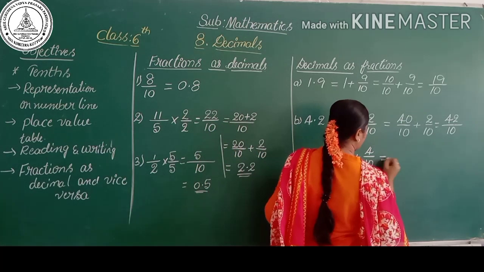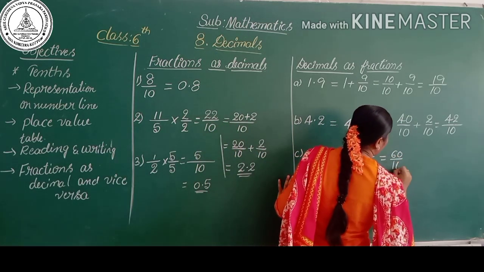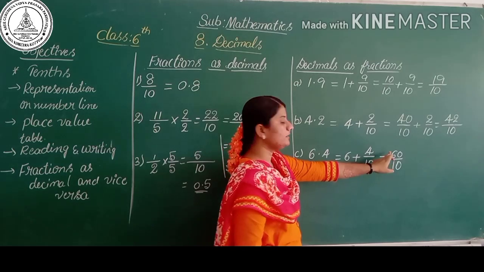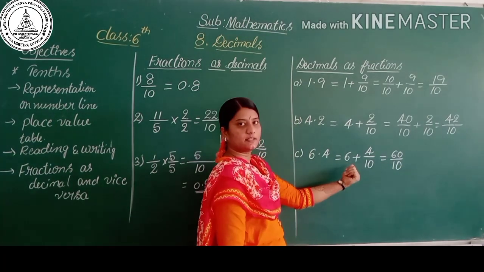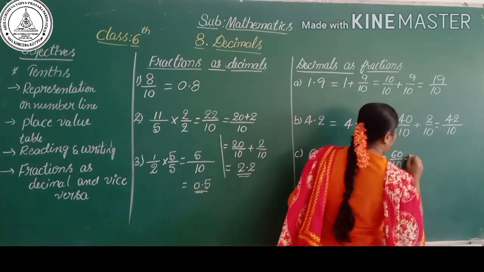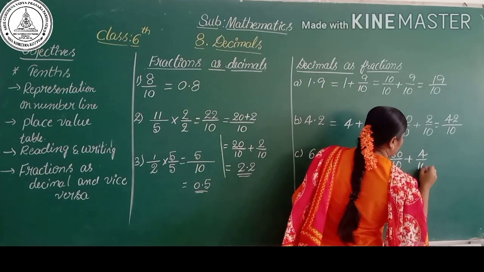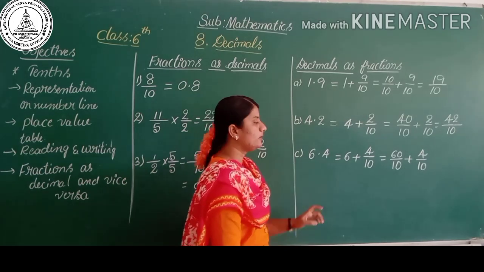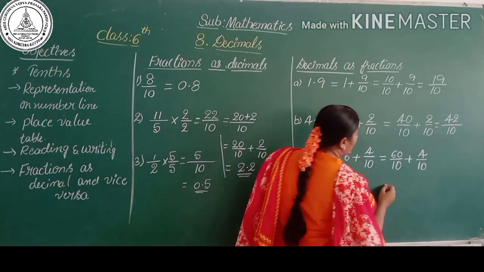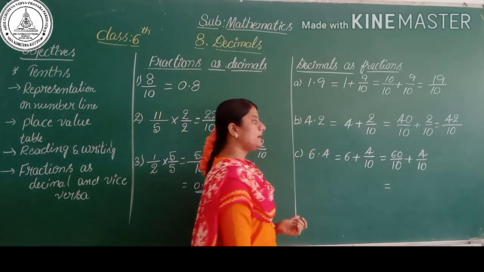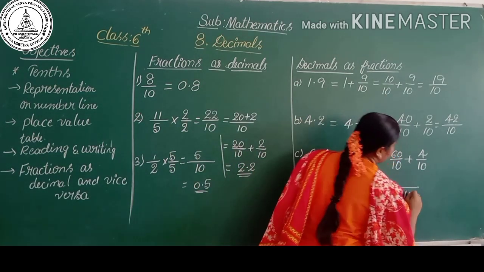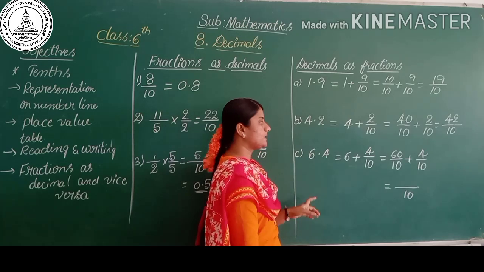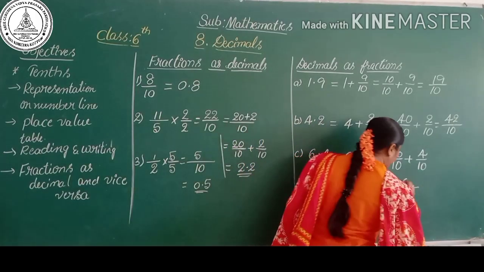If we simplify 60 and 10, we will get the answer 6. Then plus 4 by 10. Now it is easy to add the like fractions 60 by 10 plus 4 by 10. Write the denominator 10 as it is and add the numerators: 60 plus 4 is 64.